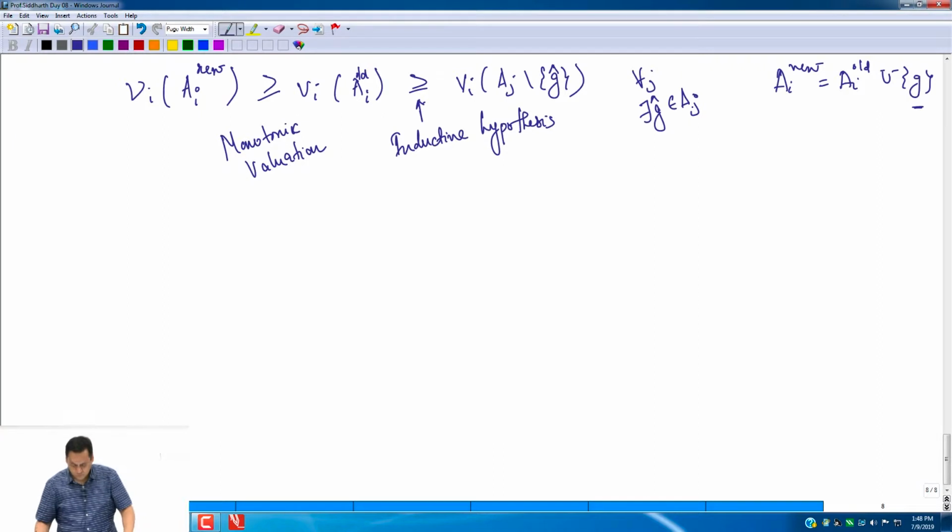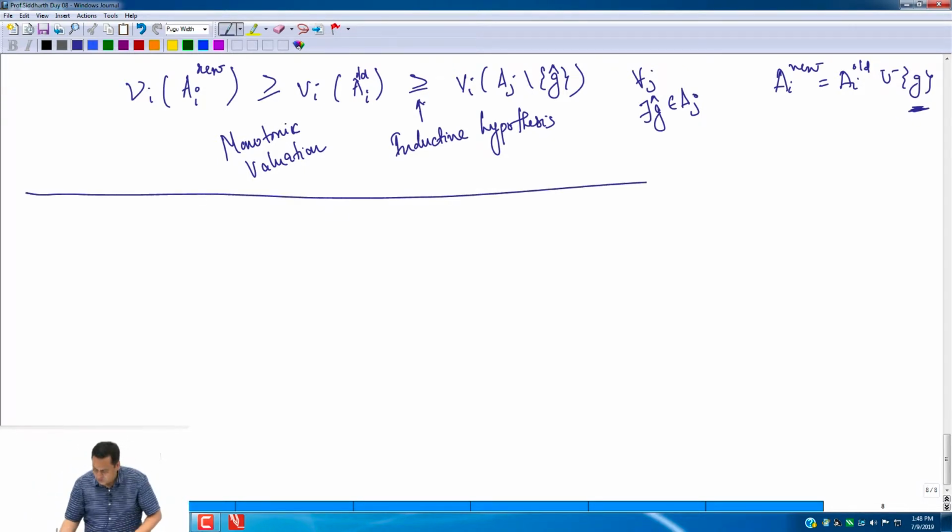This is because before you assign this good g here, you had EF1 and so inductively it kind of marches on. So you had EF1 yesterday, you will have EF1 today, and so on. So that's the sort of simple but crucial observation.